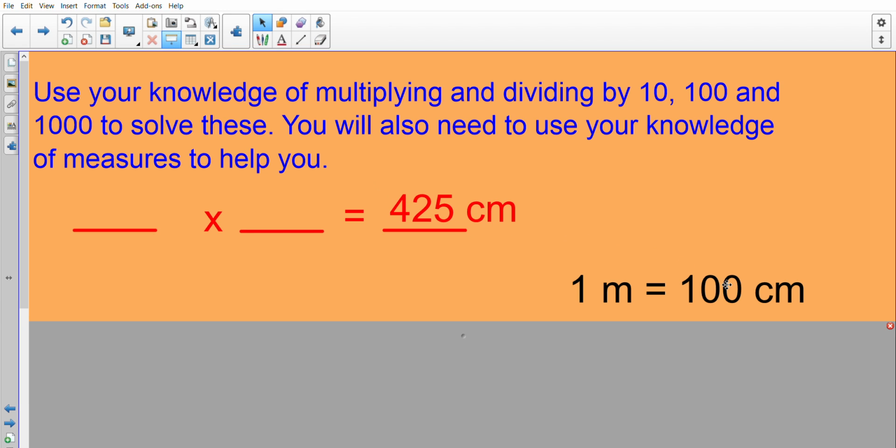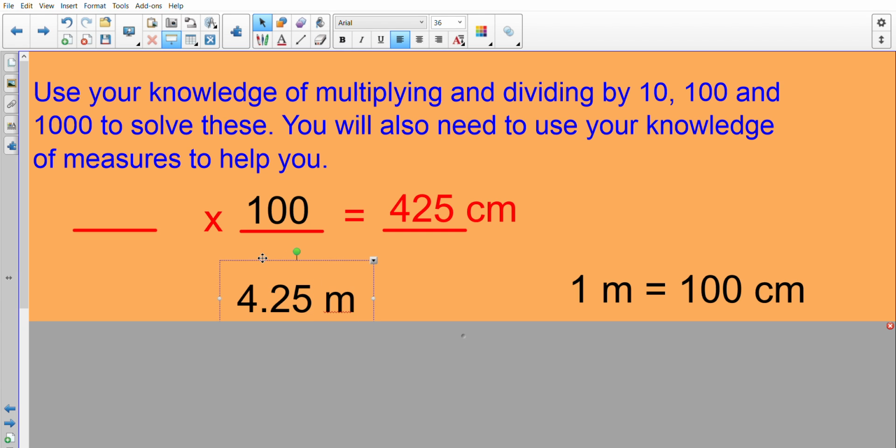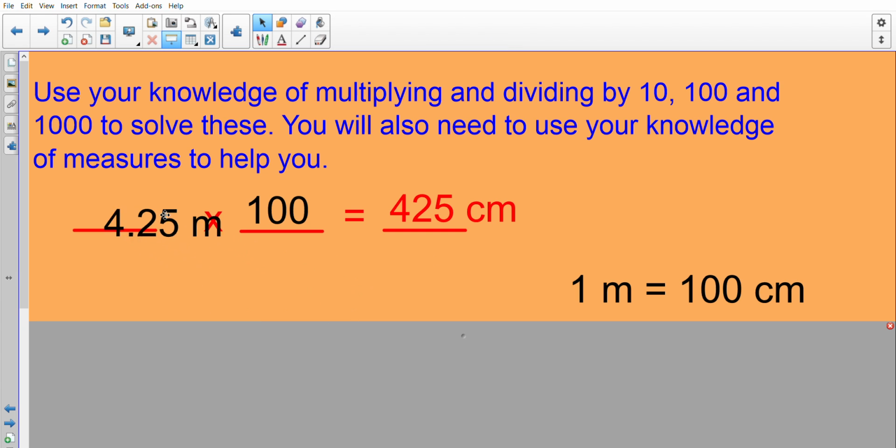Well, we know that there are 100 centimetres in 1 metre, so I'm going to put 100 in there. So something times 100 equals 425. So we could do the inverse, we could flip it and do 425 divided by 100, and that would be 4.25, and that would be metres, wouldn't it? We put that there. So 4.25 metres times 100 equals 425 centimetres.